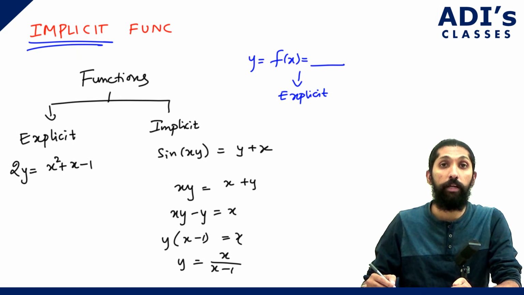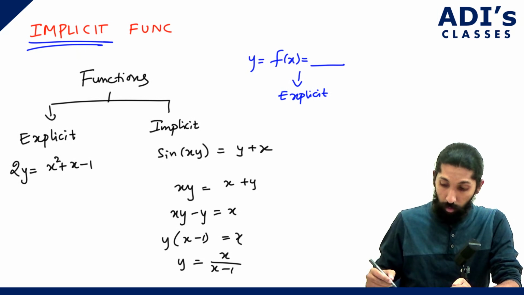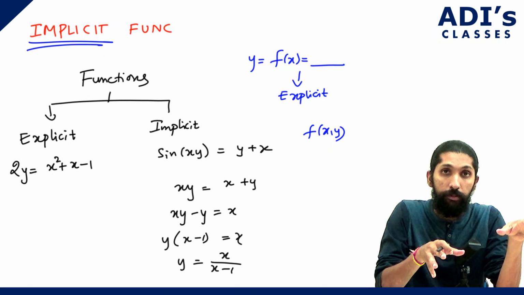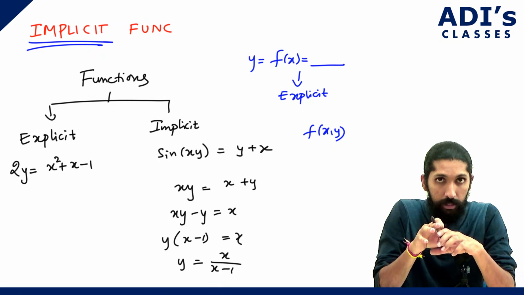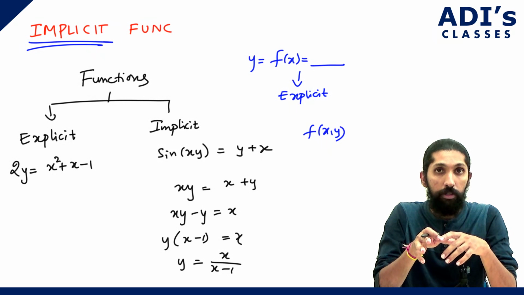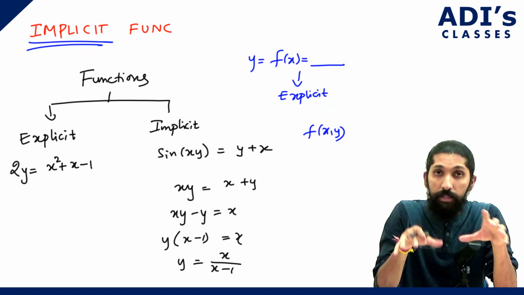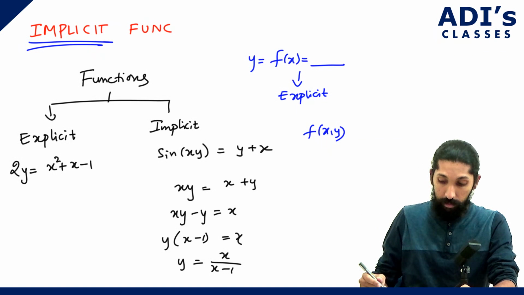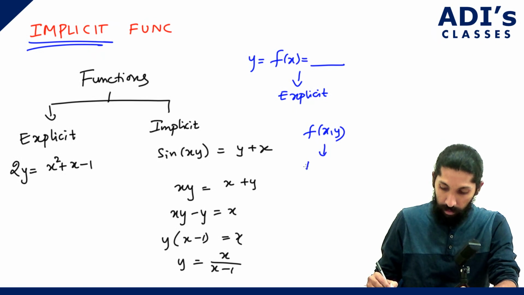Now, when we talk about an implicit function, what we write is f of x comma y. That means both the variables will be part of the same function. This is when we say that a function is an implicit function, not an explicit function. Understood? So this is an implicit function.